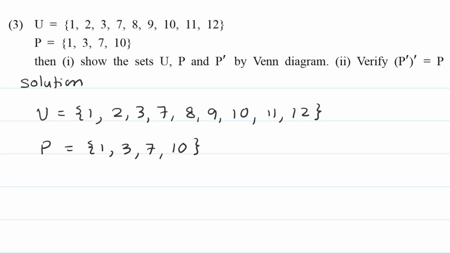Now complement of P is set of all elements of U set but not present in P. So complement of P is 1 we have already considered in P. Don't consider 3 in complement, 7 and 10. So complement of P is 2, 8, 9, 11, 12.